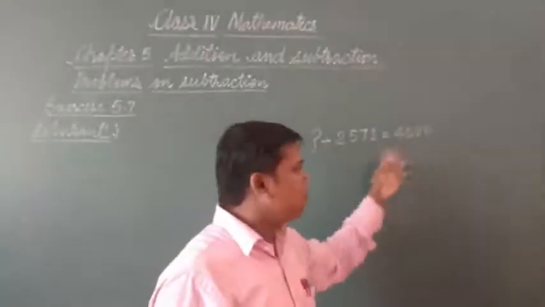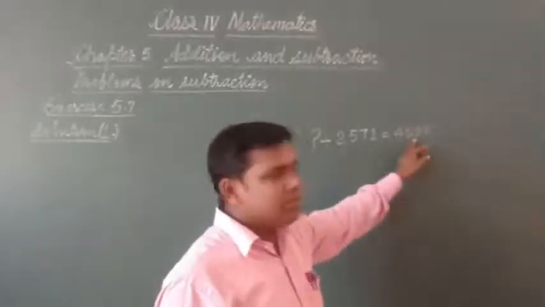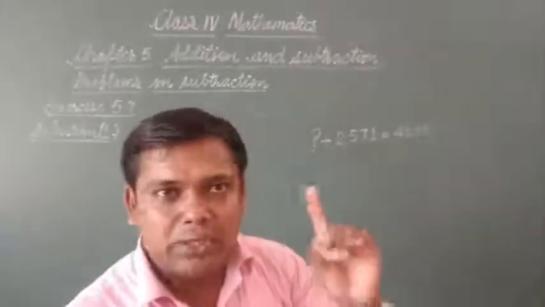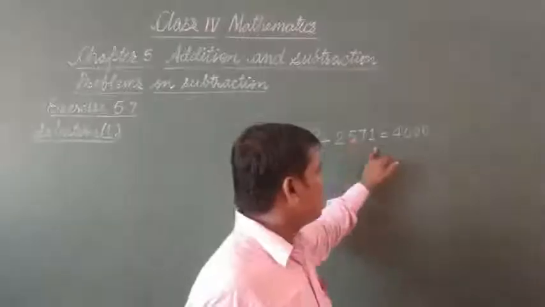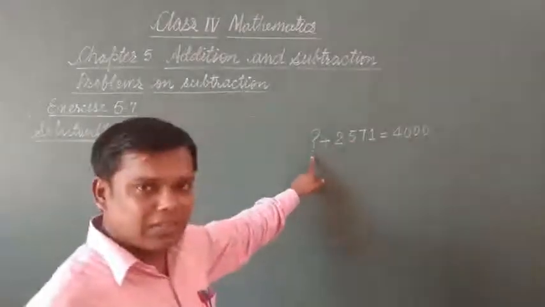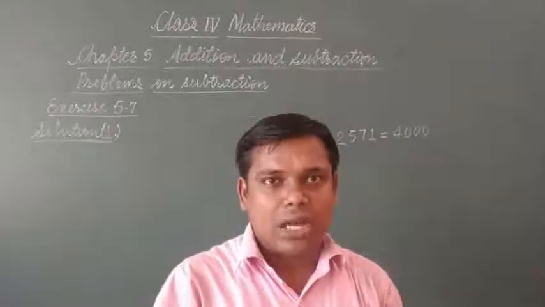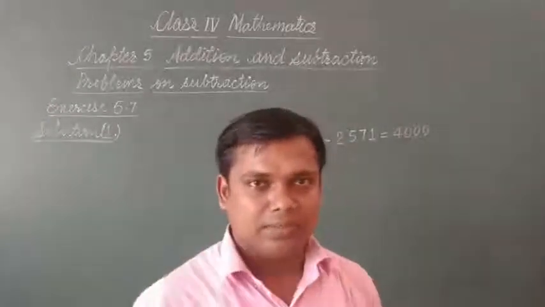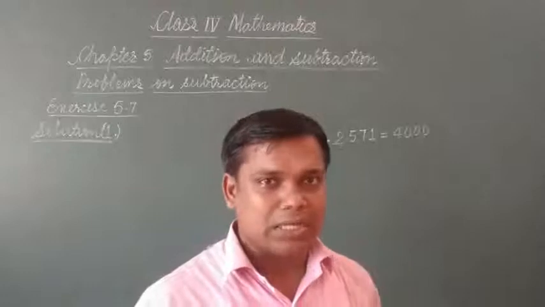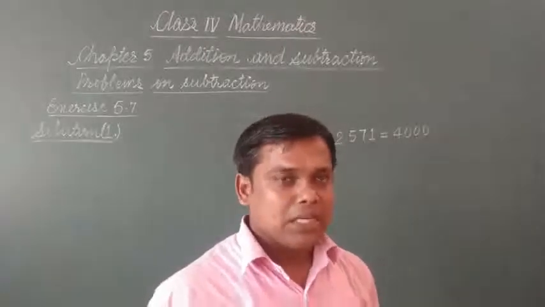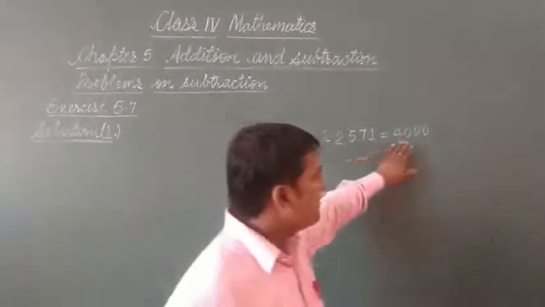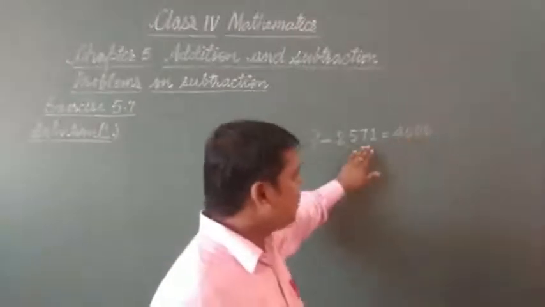One of the numbers is given to us. We have to calculate the other number. So when you get word problems, then how will you write? It is very much important. Okay. So as I am telling you, it is given sum of two numbers and one number given.